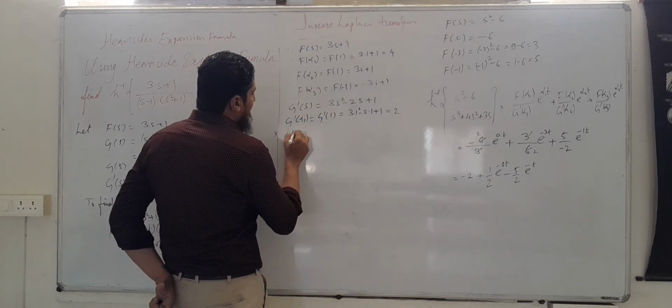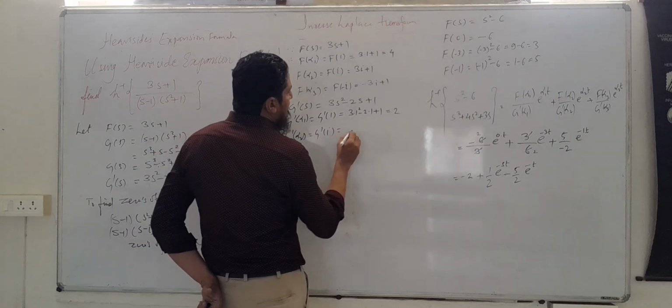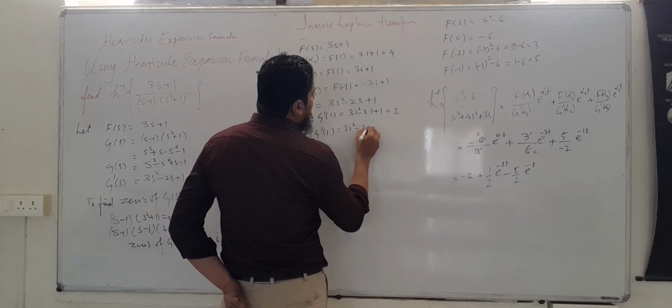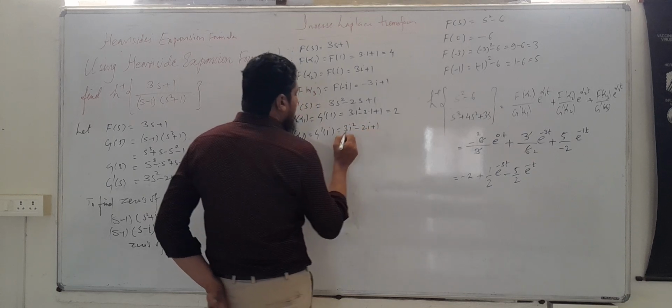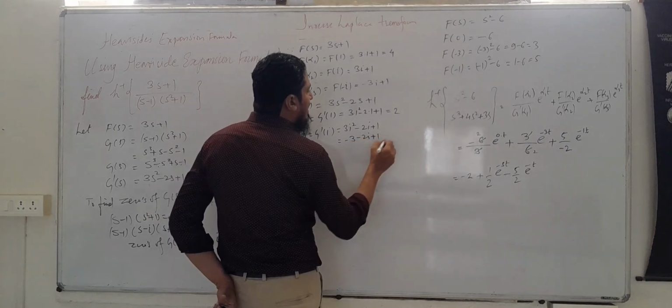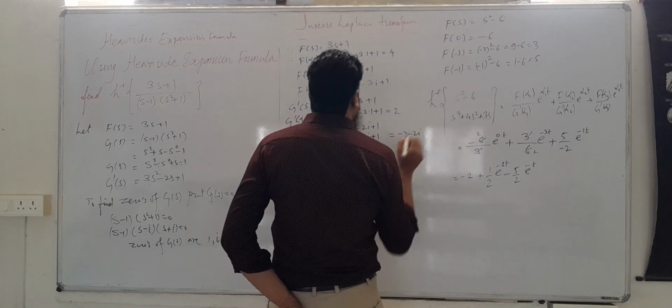Now g dash of alpha 2, that is g dash of i, we will get 3i square minus 2i plus 1. 3i square means minus 3, minus 2i plus 1, which will give us minus 2 minus 2i.